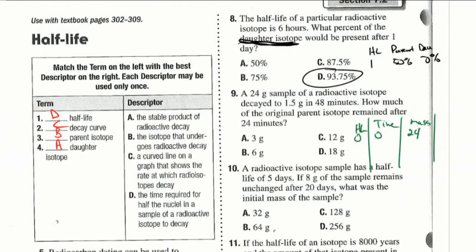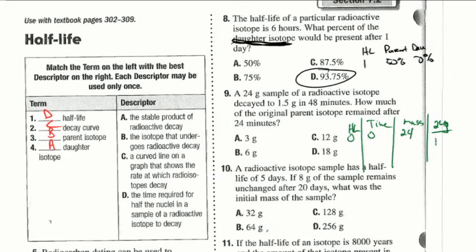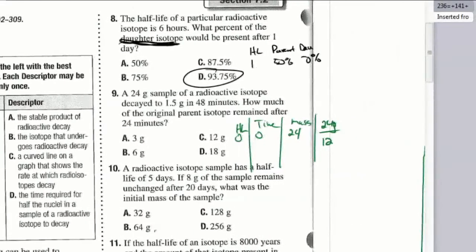So, a sample decayed to 1.5 grams in 48 minutes. It asks how much of the original remained after 24 minutes. So, if we have a 24 gram sample, 24 grams divided by 2 gives me 12, divided by 2 gives me 6, divided by 2 gives me 3, and divided by 2 gives me 1.5.